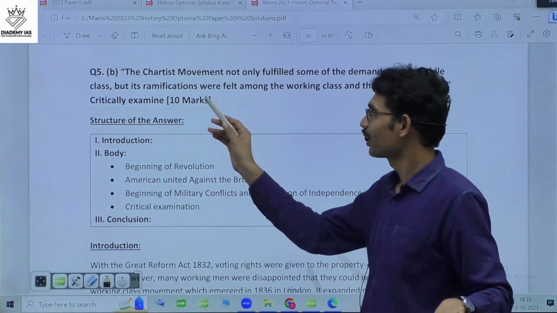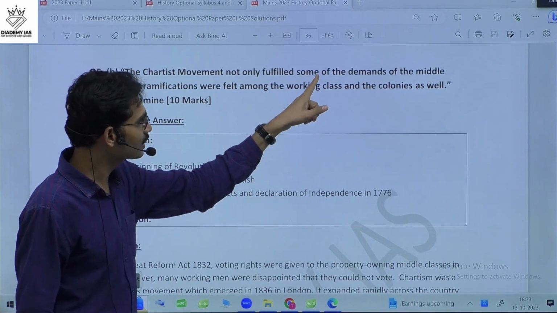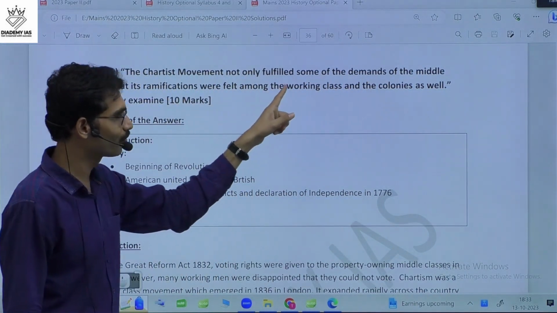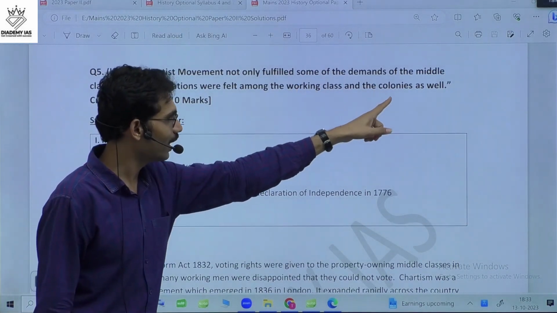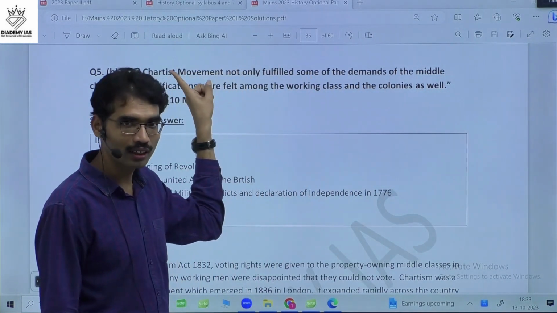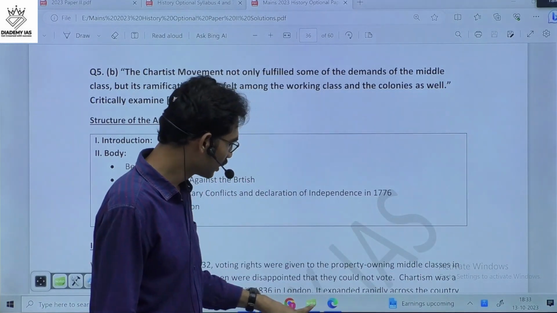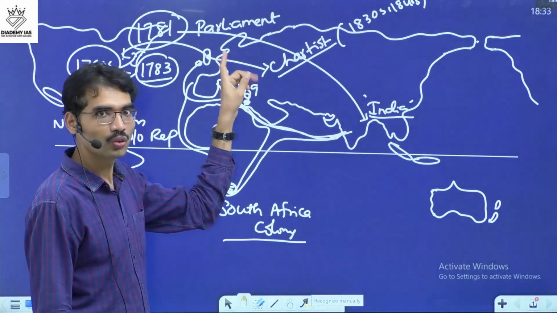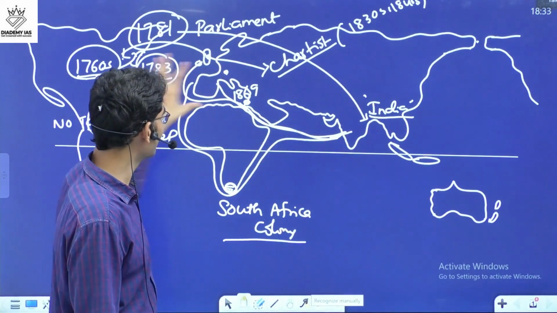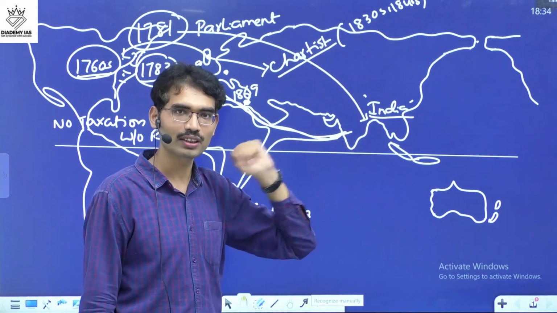The question is, the Chartist movement not only fulfilled some of the demands of the middle class, but its ramifications were felt among the working class and the colonies as well. Now you observe this: impact of the Chartist movement on colonies. The question itself is asking what the impact on colonies is. A movement in London affected their colonies also.